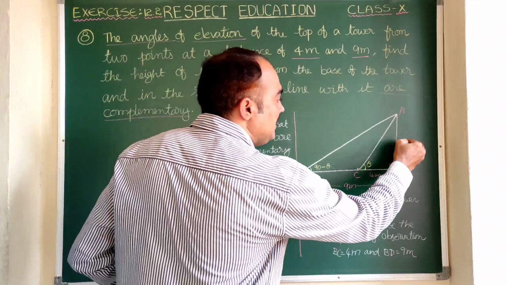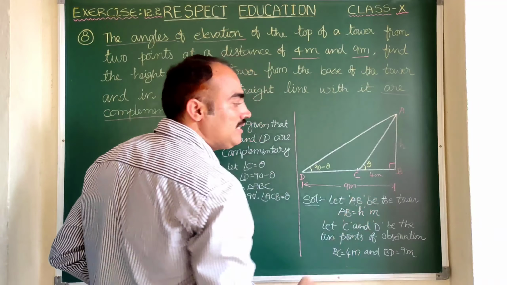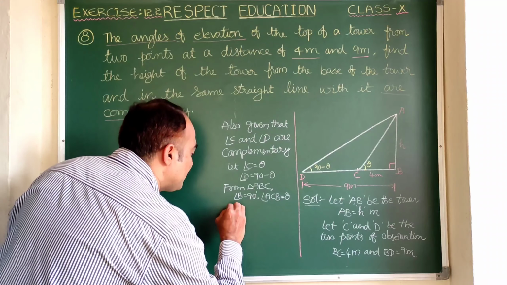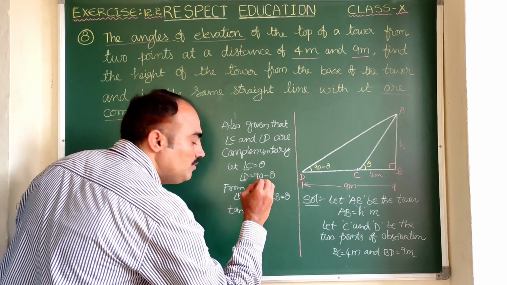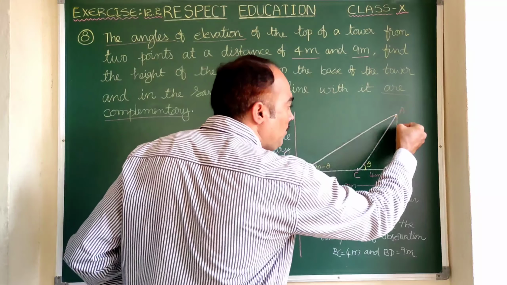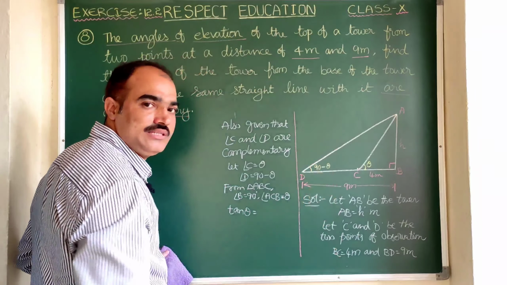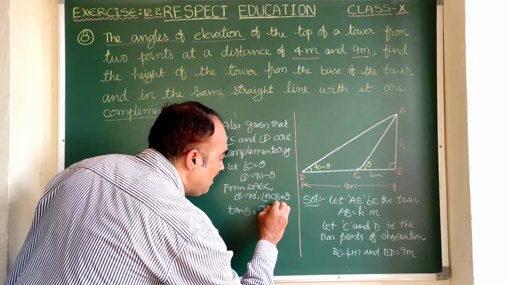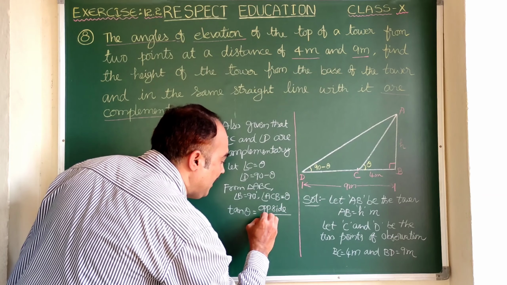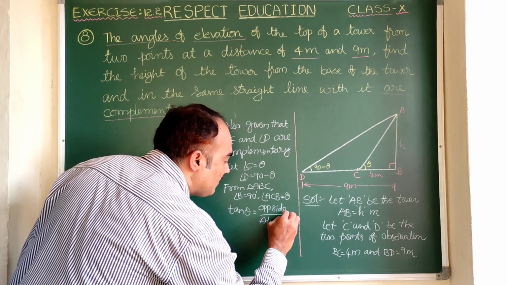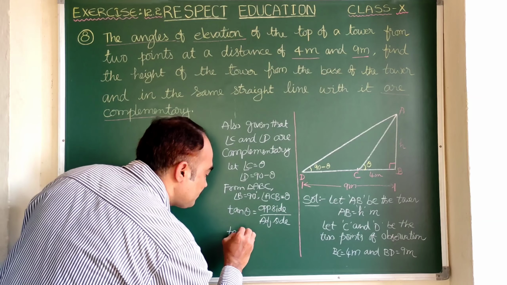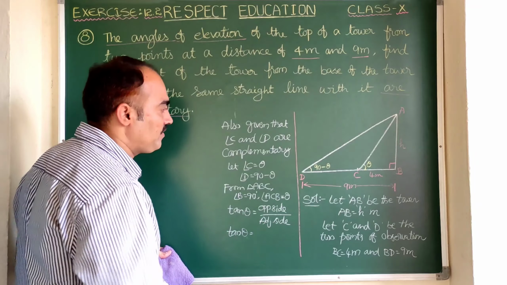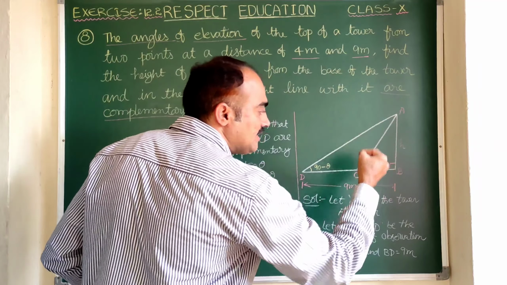Now here the unknown value is the opposite side to theta and the known value is the adjacent side to theta. So let us apply here tan theta. As we know the formula, tan theta is equal to the opposite side to theta by the adjacent side to theta. Here the opposite side is AB, which is h, and the adjacent side is 4.